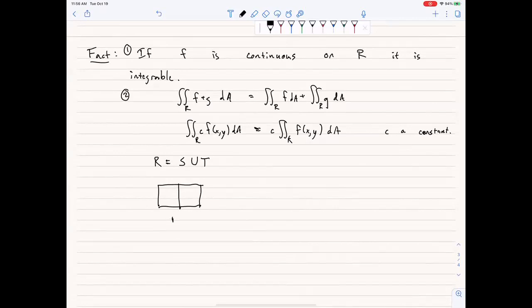Let's say our rectangle R is here, and we have two subrectangles. Then the double integral over R of a function is going to be equal to the sum of the double integrals over these subregions, S and T.